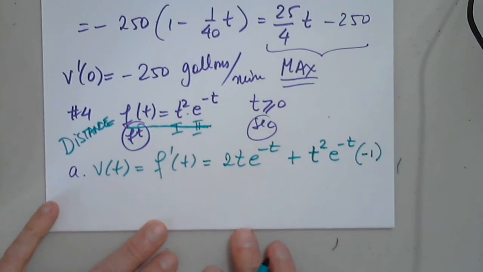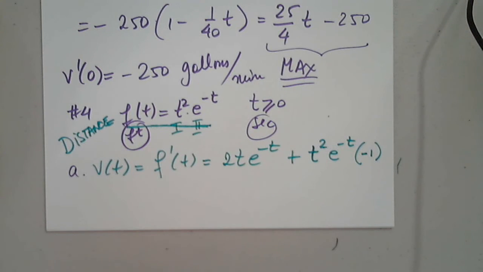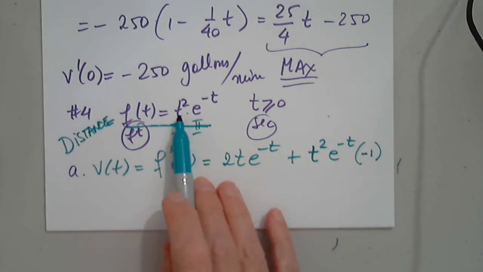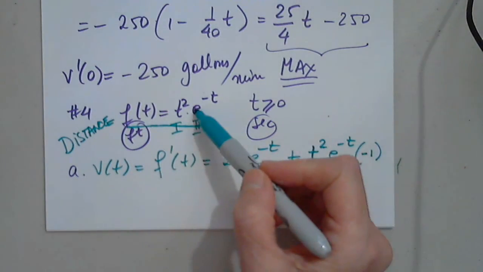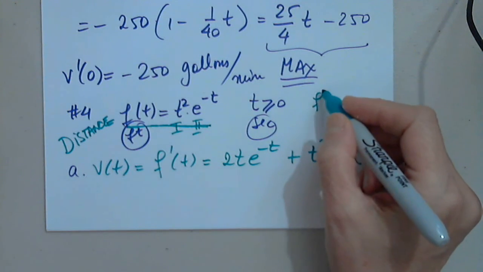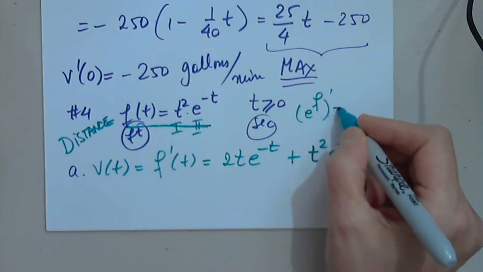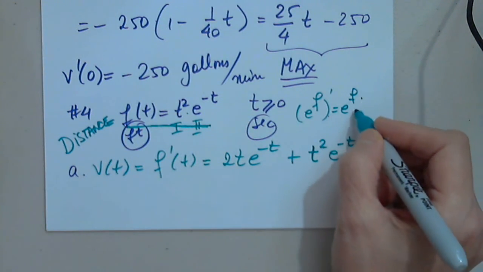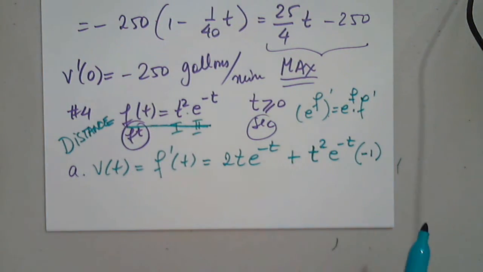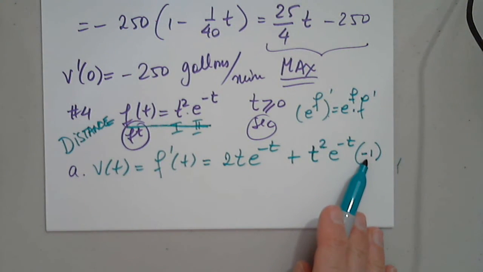Is this okay? Yes. So the first function prime is 2t times the second one, plus the first function times e to a function prime. Remember, the derivative of e to a function is e to the function times the function prime. So the function prime is -1.